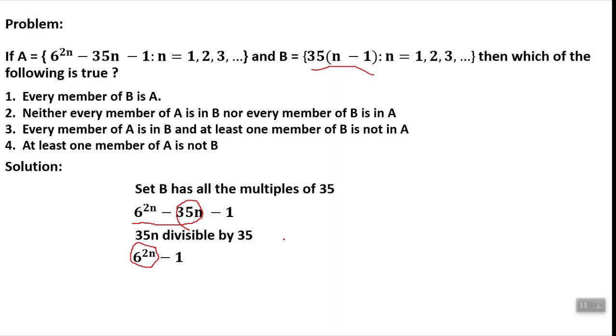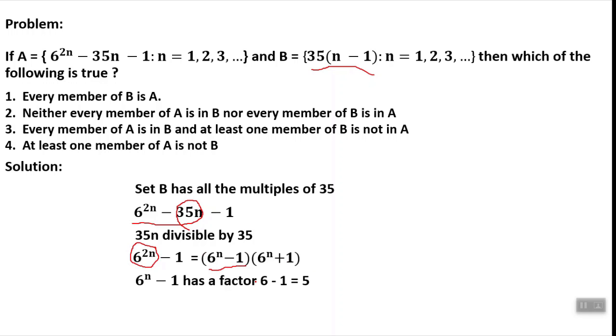If it's a square, then this is a difference of 2 squares, and they will have factors. So 6 to the power n minus 1 and 6 to the power n plus 1 are the factors of 6 to the power 2n minus 1. What about each one of these? What can we say about 6 to the power n minus 1? Does it look like x to the power n minus y to the power n?